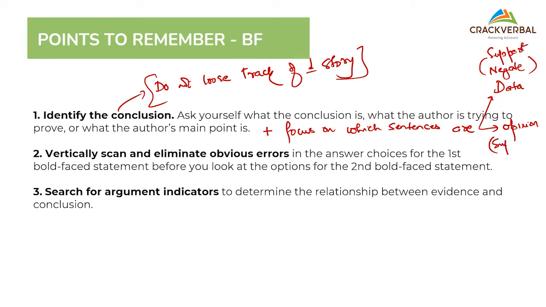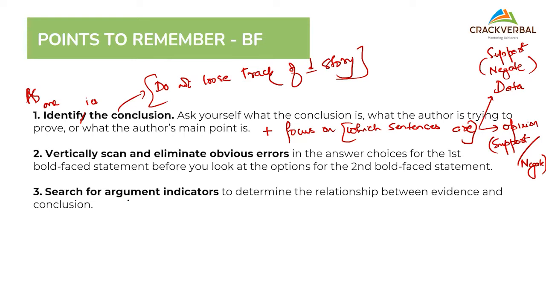Same thing. Are they support opinions or are they negate opinions? So this is something that you need to do parallelly. As one identifies the conclusion, one needs to also focus on the other sentences, on which sentences are data based and which are opinion based.